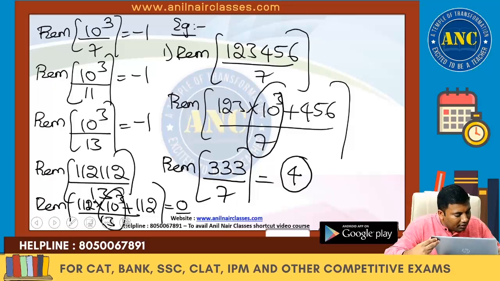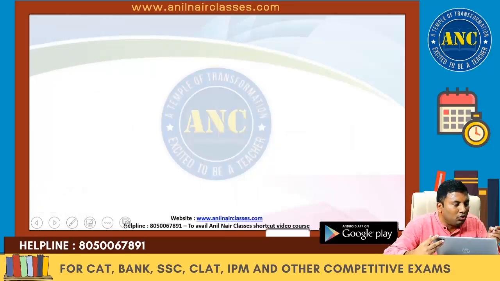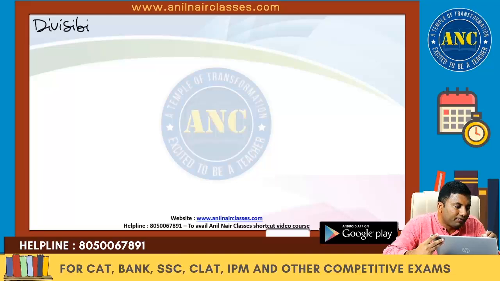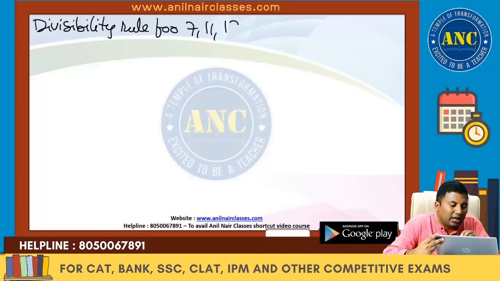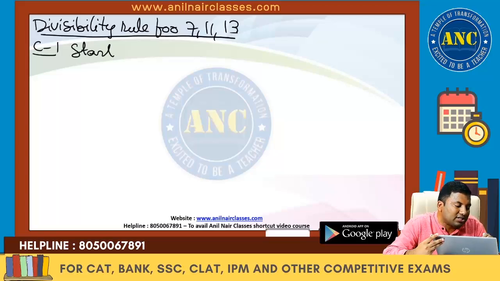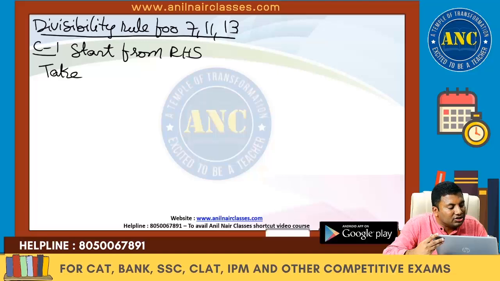Now, some important conclusions. Divisibility rule for 7, 11, 13. There are three important key points. Concept 1: start from right hand side. Take a group of 3 digits.